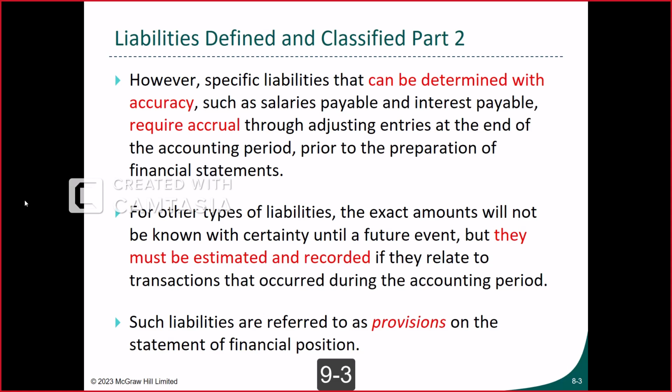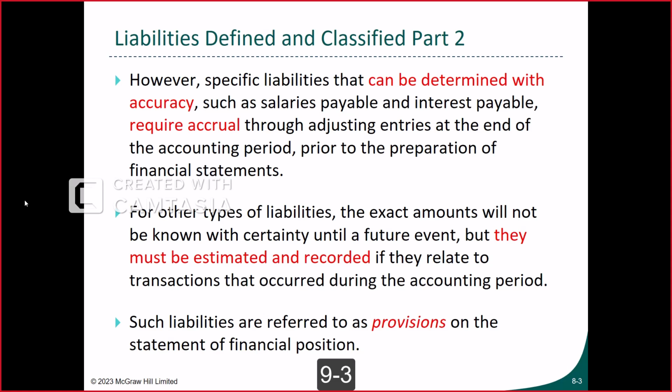We have to make an estimate and account for those accruals for transactions that occur during the accounting period. Those liabilities are referred to as provisions.